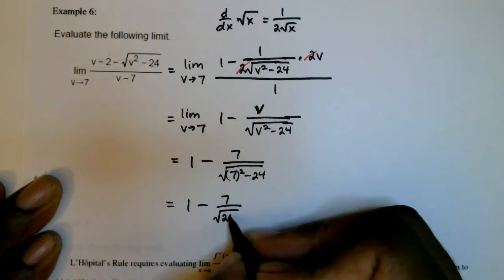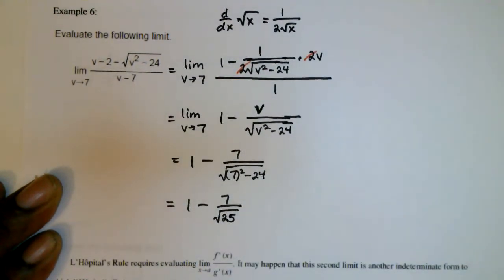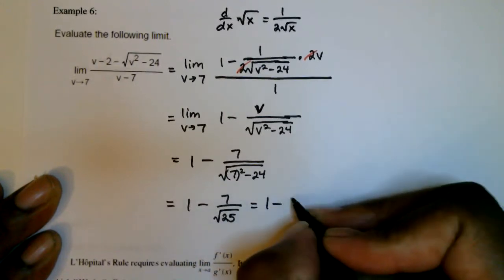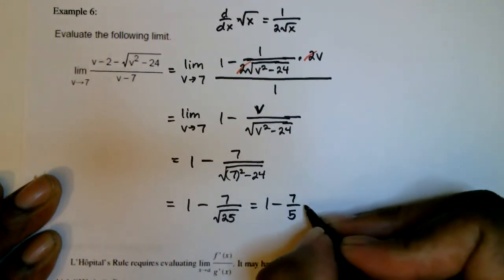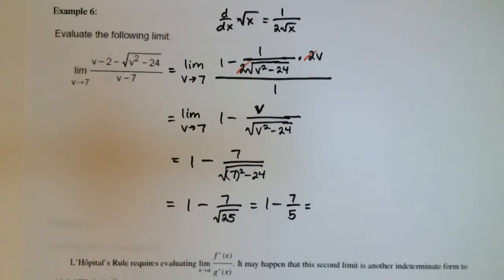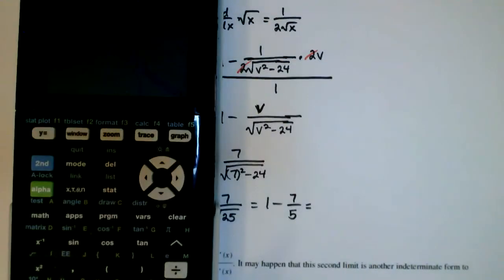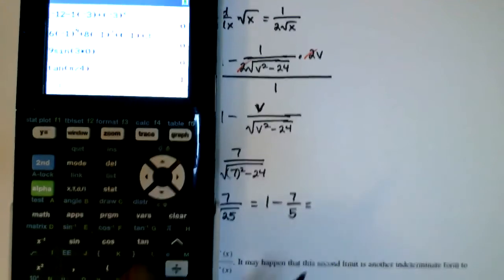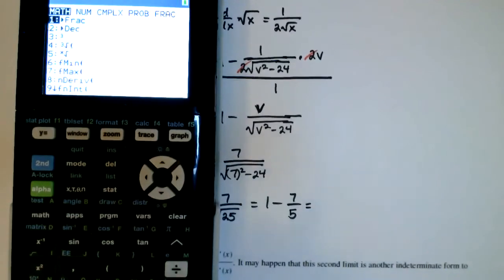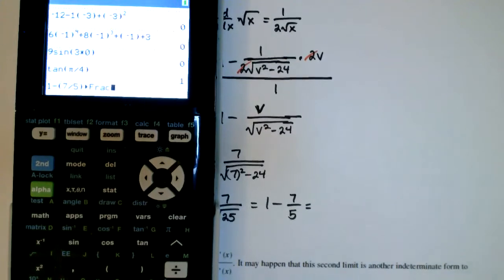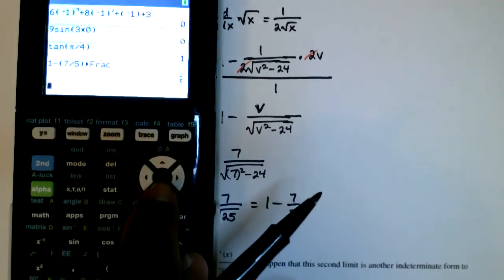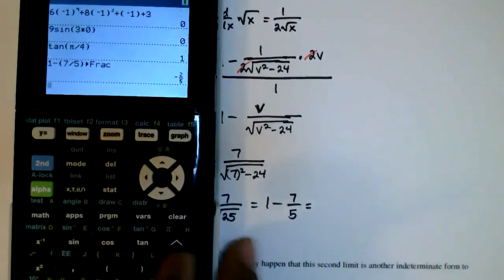So I have the square root of 25 in the denominator, and the square root of 25 is 5. So I have 1 minus 7/5. And if you want to do this in the calculator, do 1 minus, in parentheses, 7 divided by 5. Press the math key, select number 1, and this will give you -2/5.